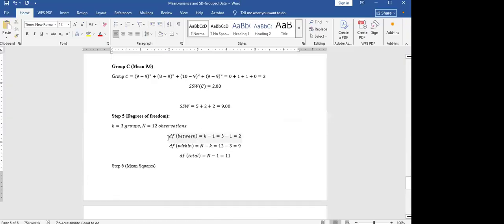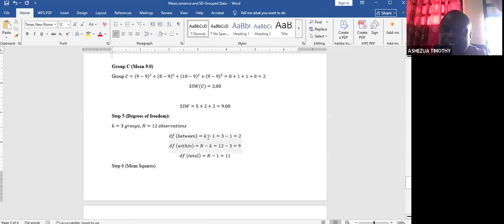Once again, distinguished ladies and gentlemen, the degree of freedom between is k minus 1. In our instance, k is 3, so 3 minus 1 gives us 2. The degree of freedom within is capital N minus k.